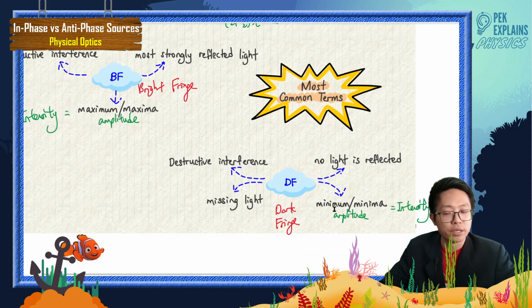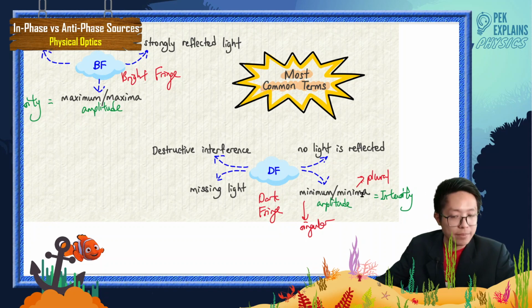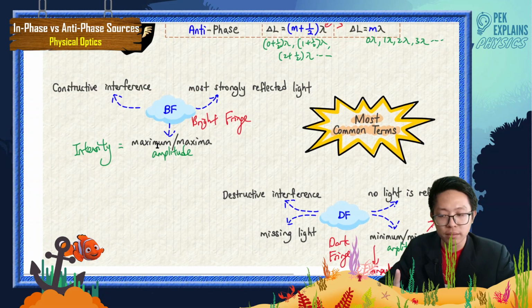Minimum is singular, minima is plural. We say many minima, not many minimum. One minimum. One maximum, many maxima.